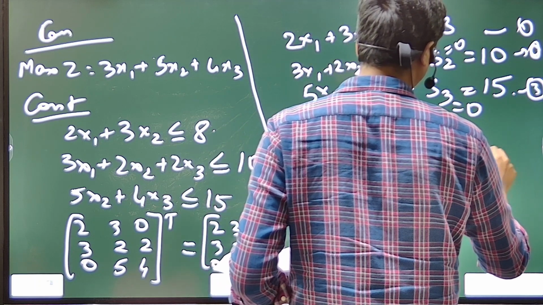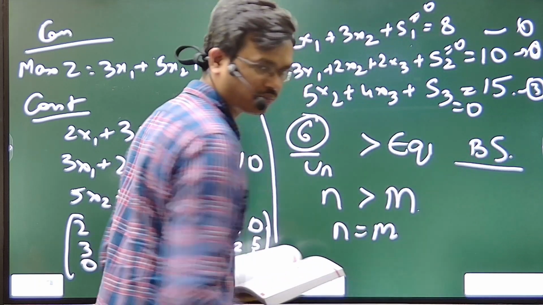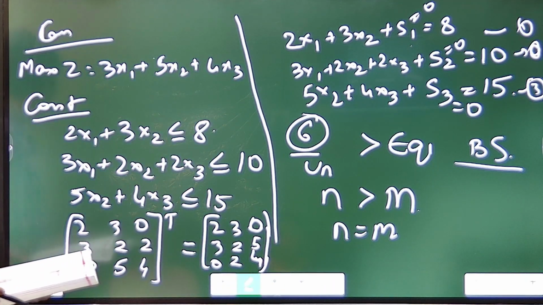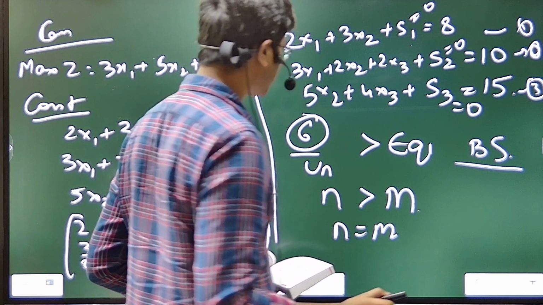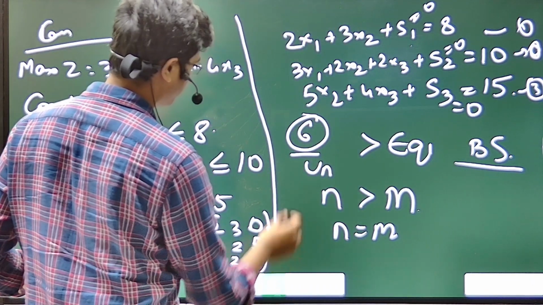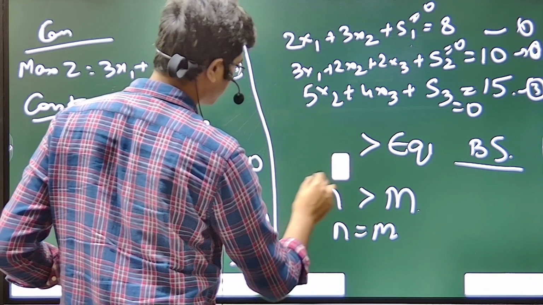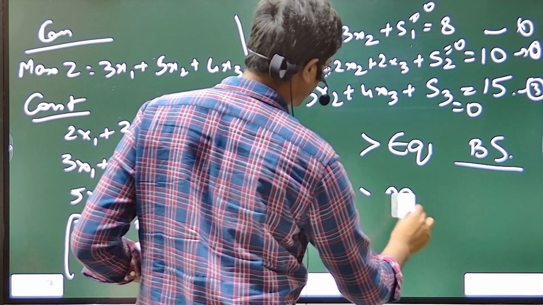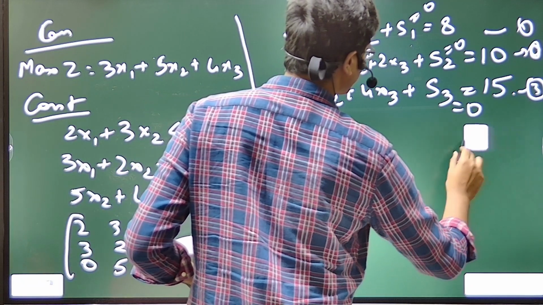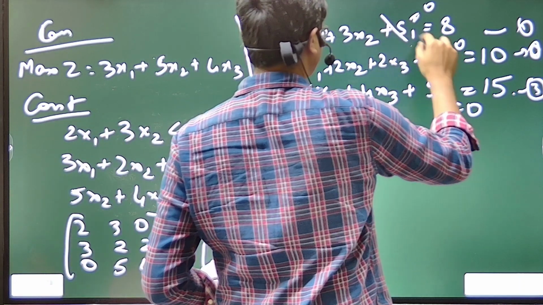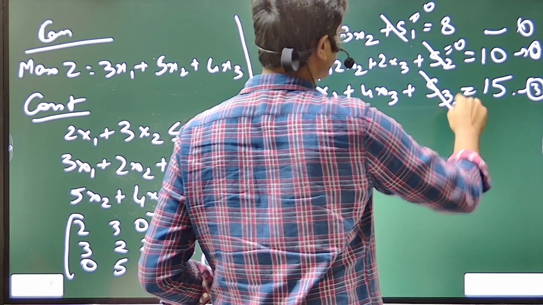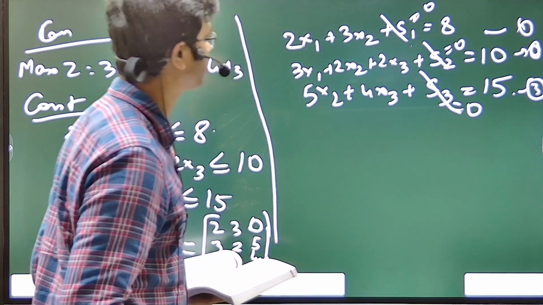So you will get a basic solution. We have discussed this last class. Now what we are going to do is just eliminate these three variables so that we can get a basic solution.